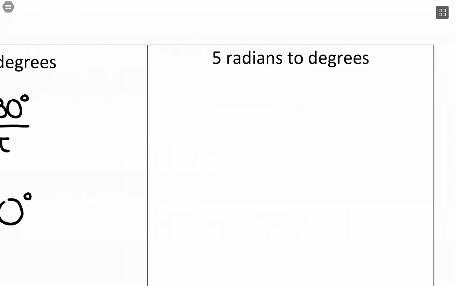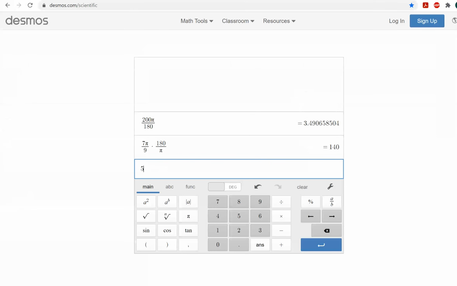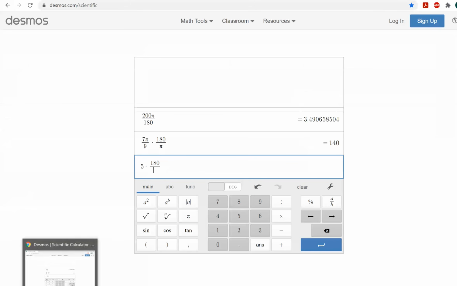Our last one here is 5 radians, and we want to change that to degrees. So I want to divide away radians. I want to get rid of radians, and I want degrees, so that's going to go in the numerator. So in our calculator, 5 times 180 divided by pi is 286.48.